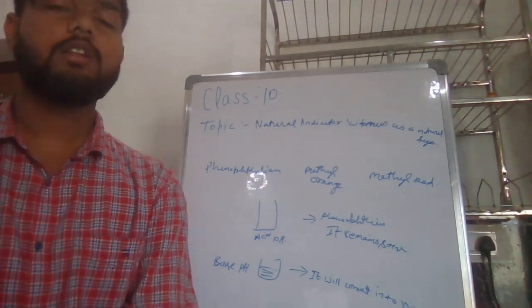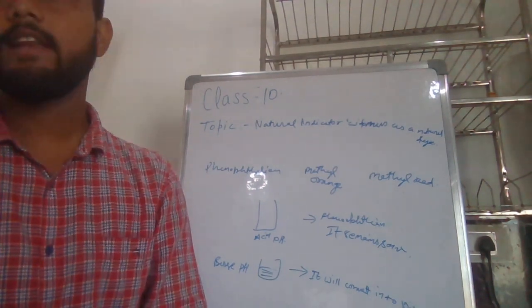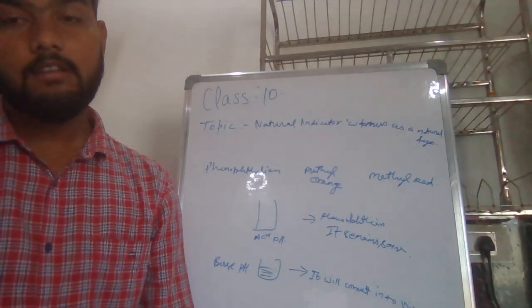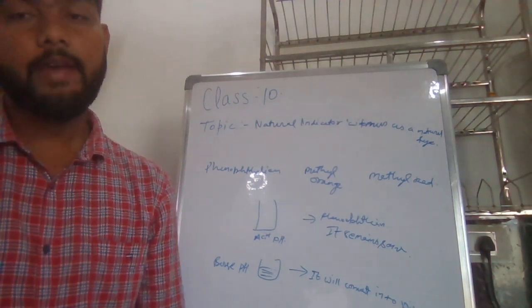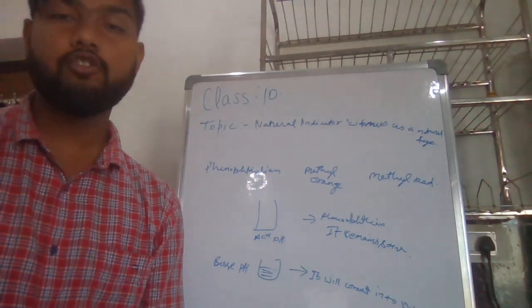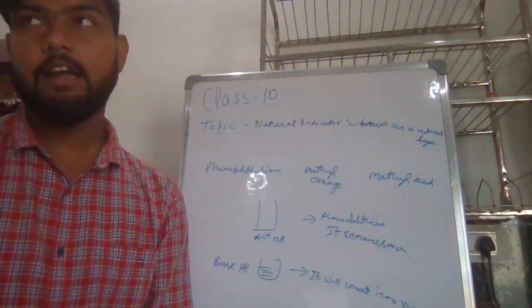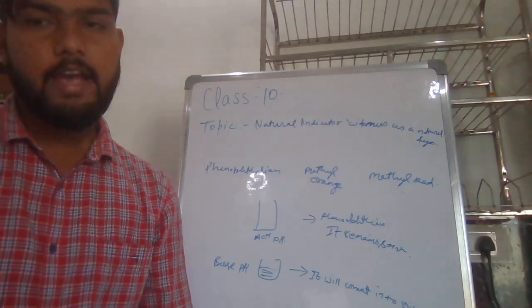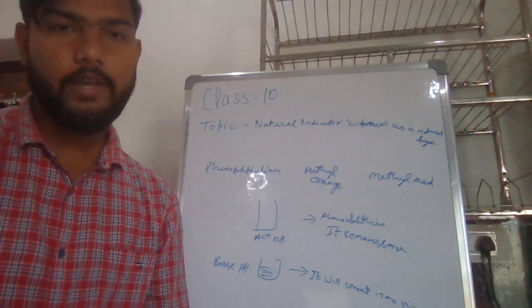Lastly, I have one activity. In this activity we need red cabbage, a glass of water, a pan and a cutting knife. The instructions are given here. Chop the red cabbage, take about a glass of water in a pan and boil it, and add the chopped cabbage to it.